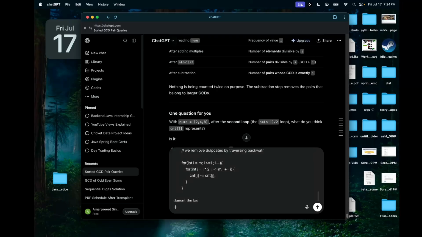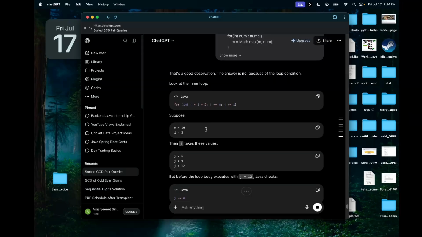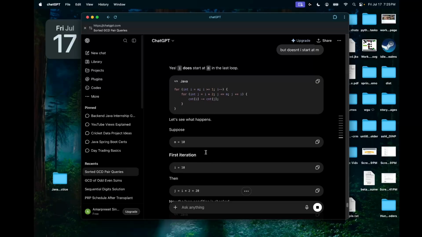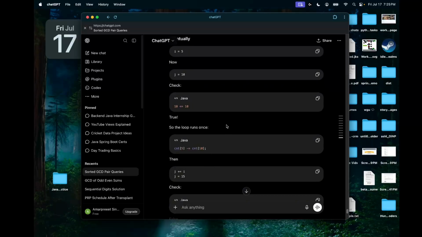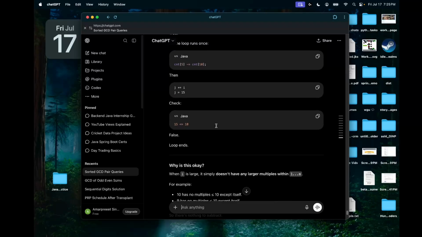Doesn't the last loop check out of bounds since we keep doing j plus? Suppose m was 10 and i is 3, 6, but doesn't i start at m? First iteration i is 10, the loop runs while count of 10, false, loop ends.